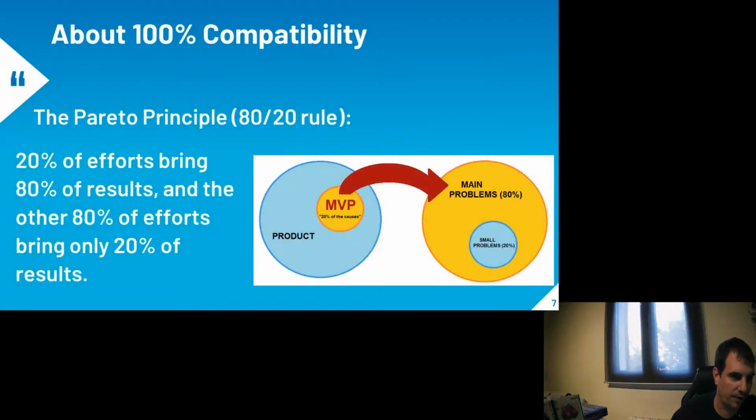Finally, some words about full compatibility and the Pareto principle, or 80-20 rule, that 20% of efforts bring 80% of results, and surprisingly, the other 80% of efforts bring only 20% of results.